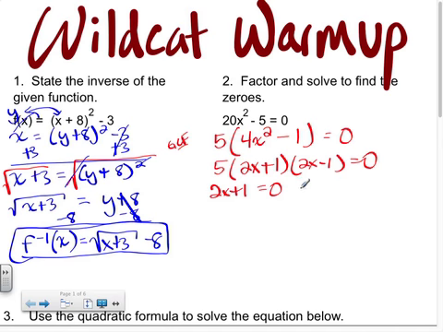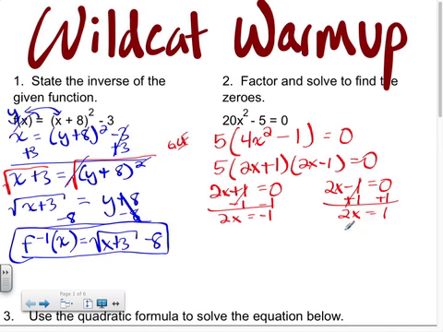Subtract 1 on both sides. It's going to be 2x equals negative 1. On the other side, you're going to do 2x minus 1 equals 0, and you're going to add 1 on both sides. It's going to be 2x equals positive 1. And then you're going to divide by 2.